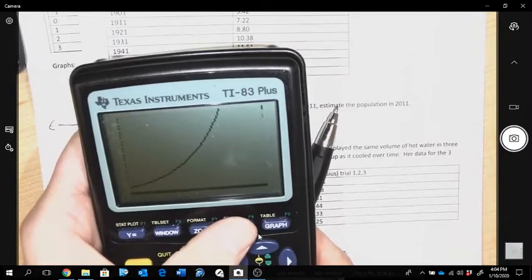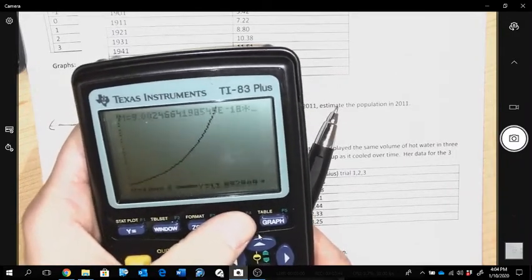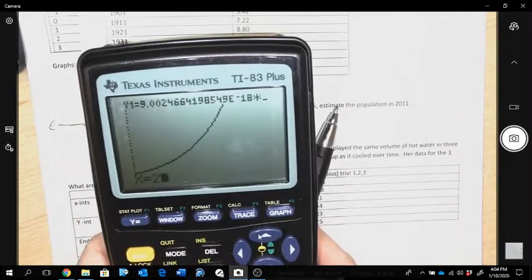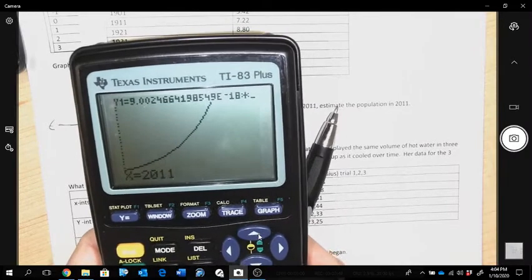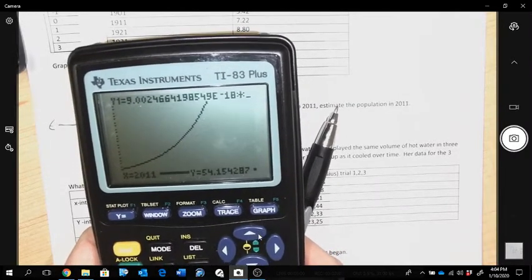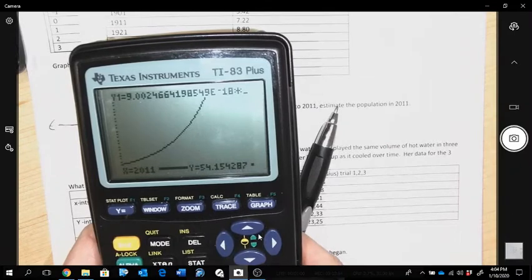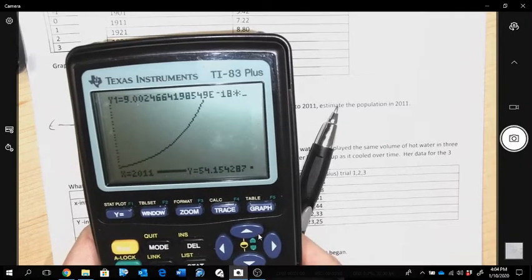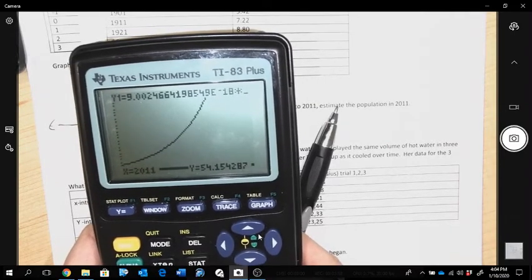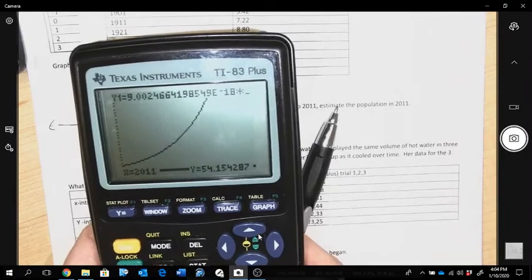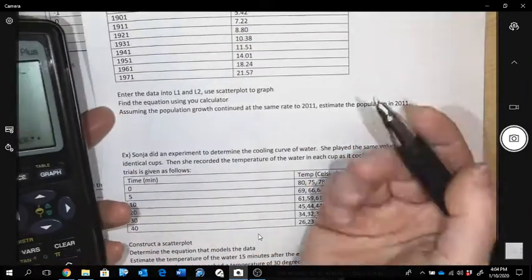Okay, and then we're going to trace, and then I'm going to hit 2011. And we get 54.15 million.